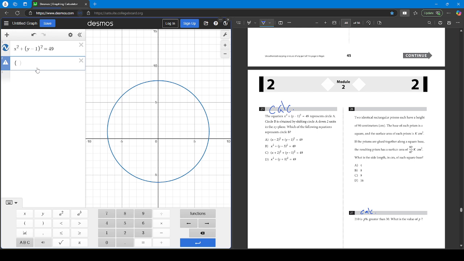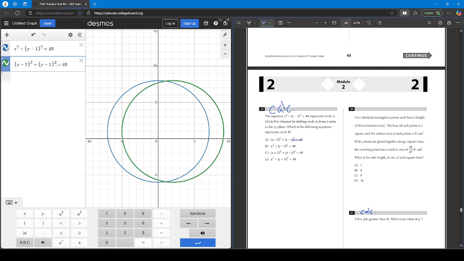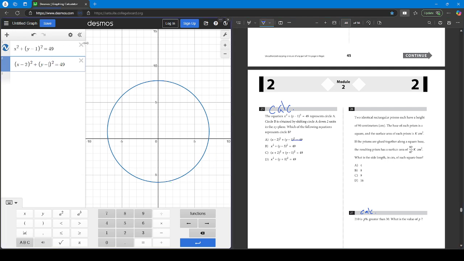Try the first one, x minus 2 squared plus y minus 1 squared equals 49. Not it. Answer choice B, y minus 3, x minus 0.